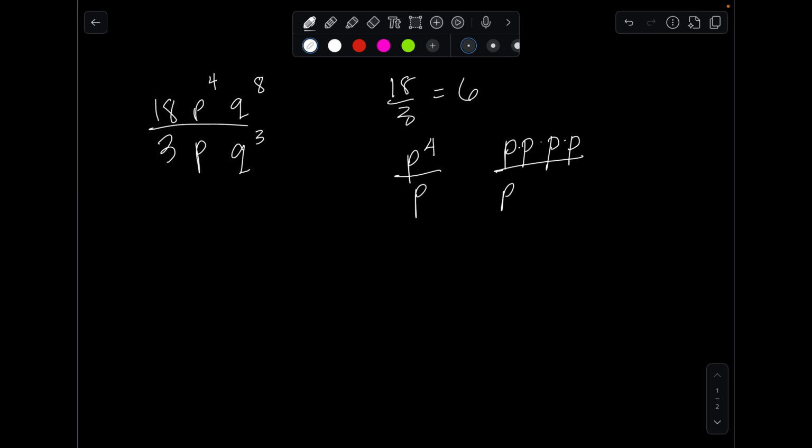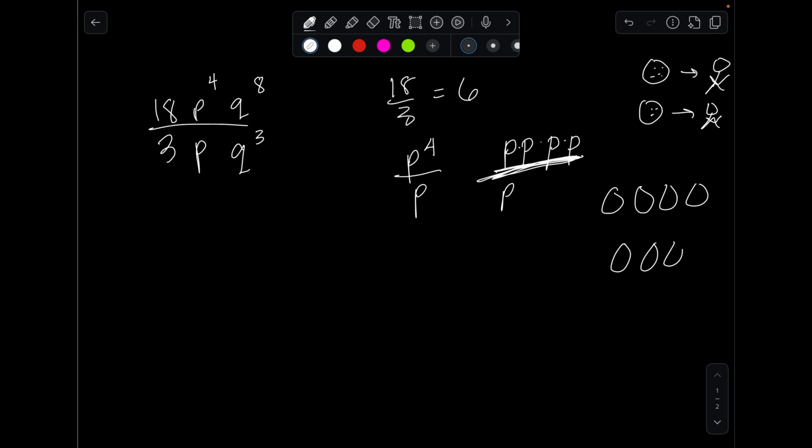So division, what does division mean? Division means one cookie for one person. Another cookie for another person. It's dividing cookies out. So say you have 4 cookies and you got 3 people, right?